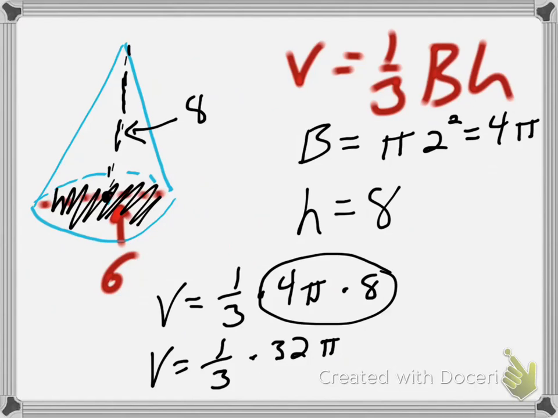Actually let's do the pi multiplication first. 24 times pi is about 75.36. Now, all we have to do is divide.